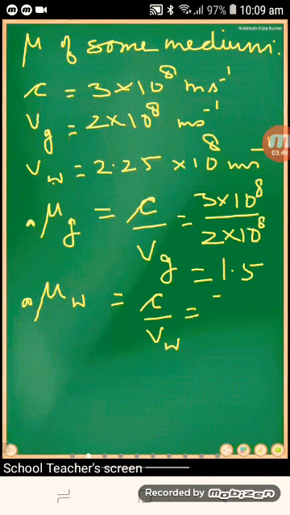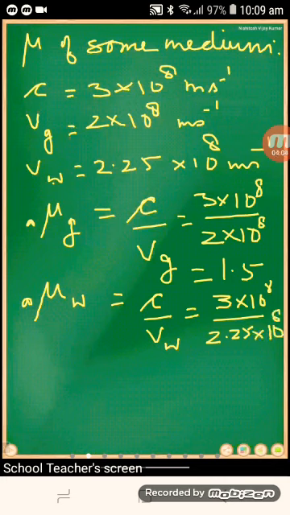So 3 into 10 to the power 8 upon, in water, the speed is 2.25, and there's a slight difference in their speed. So if you compare the mediums, you'll find that in the denser medium its velocity is decreased, and this comes out to be 1.33.